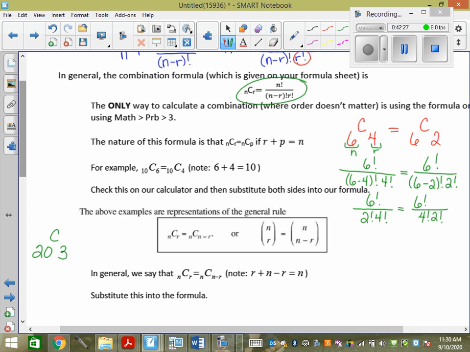Not 20C3, what could they put? 20C, the difference between the two. What's 20 minus 3? 17. 20C17 is the same answer as 20C3. So if I gave you 20C15, that would equal 20C what? 5. Same answer.